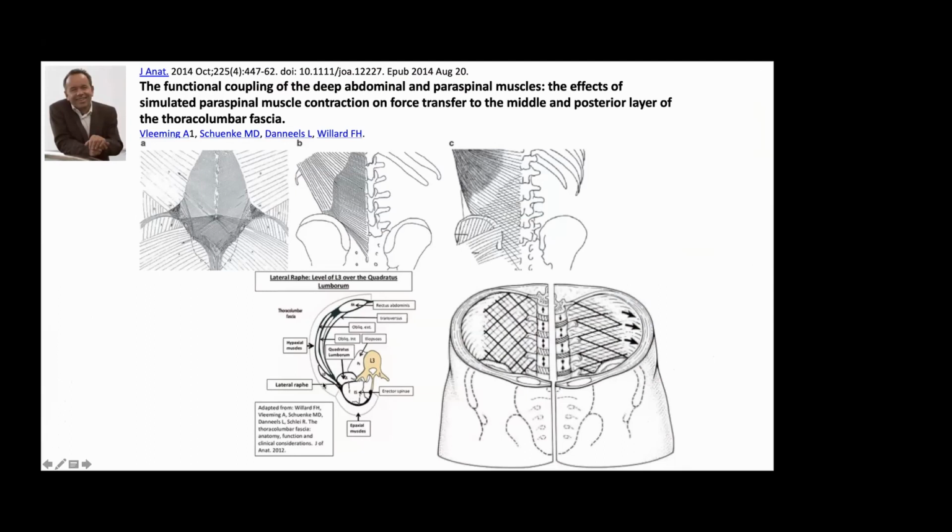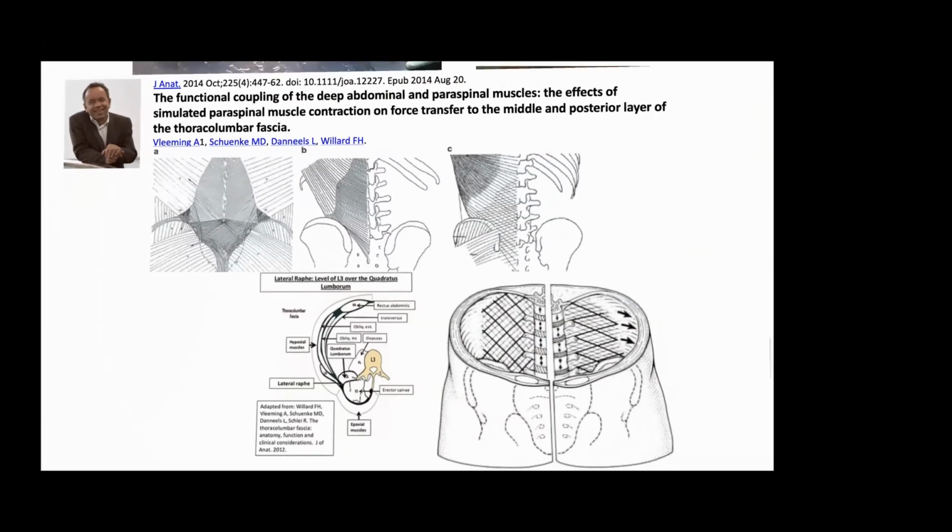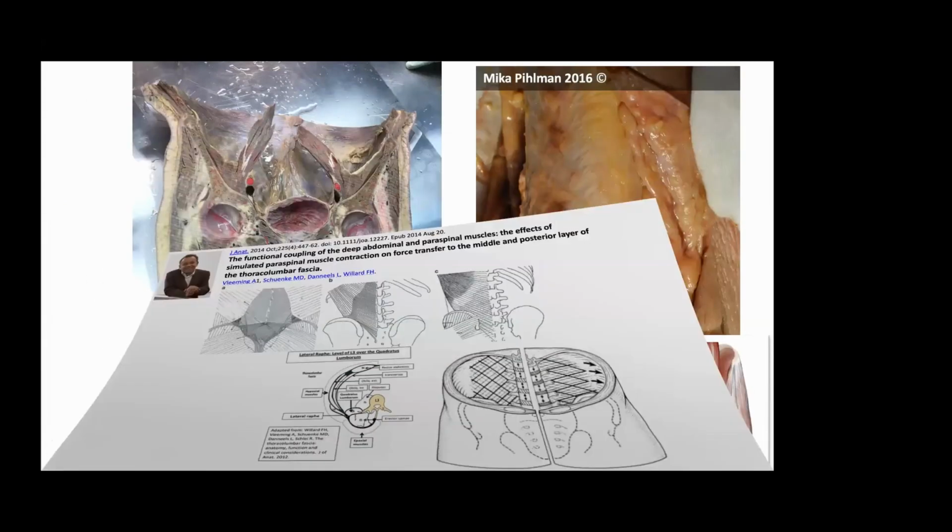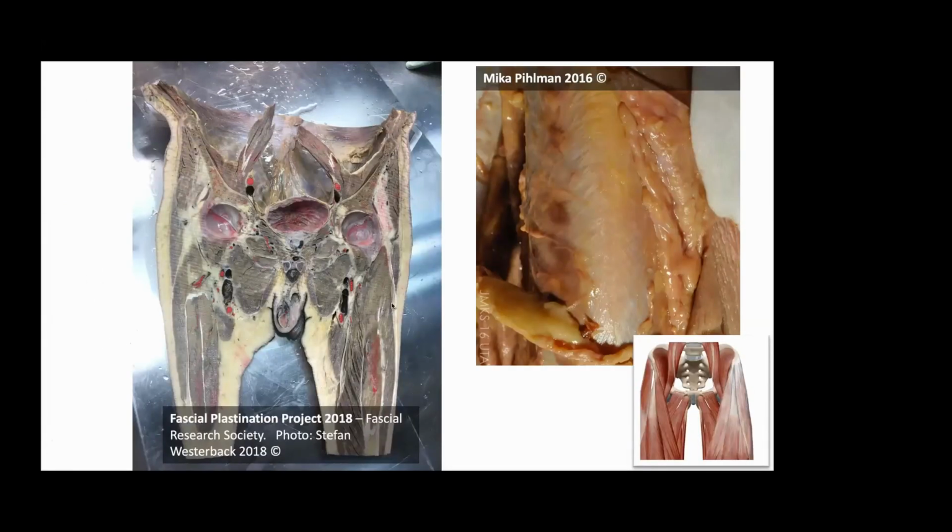The area of the lateral raphe will be very important from the treatment point of view, and everything here is connected to the abdominals, and they are working together in a harmonious way. So that is also very important when we are looking at the treatment and thinking what to do for the body.